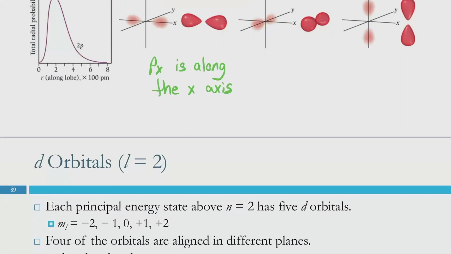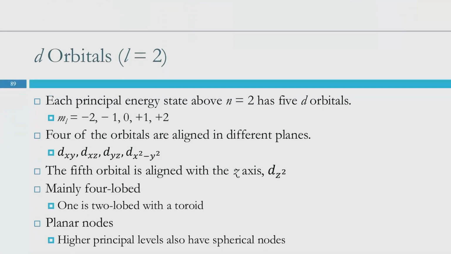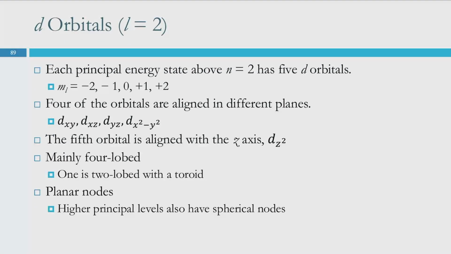We also have d orbitals. What's the first n number that d orbitals should be in? So every principal energy state above n equals 2, so starting at n equals 3, is going to have 5 d orbitals.